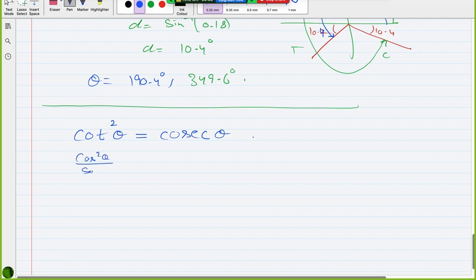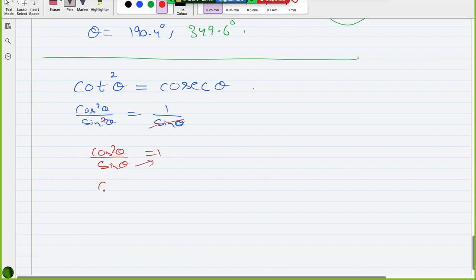Okay, so cot square theta could be written as cos square theta over sine square theta. On the other side, we have cosecant, which could be written as 1 over sine theta. Now, as we have sine theta on both sides, we can get rid of this power, and this is cos square theta divided by sine theta is equal to 1.